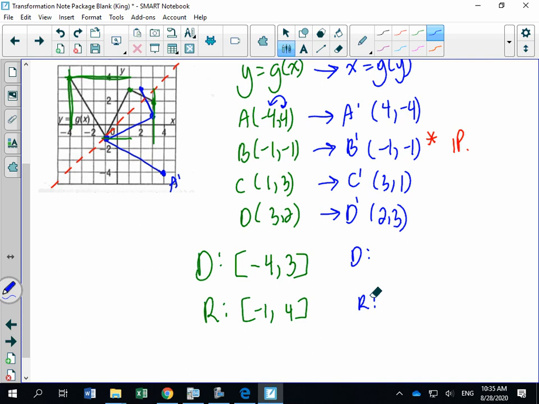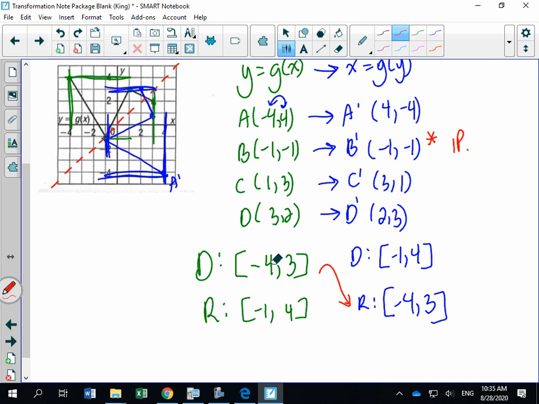So the domain was blue, so the biggest x value was 4, smallest was -1. So domain -1 to 4. And the range of the blue, so my graph is getting really messy, but the range of my blue was from -4 to 3. So -4 to 3. What you should notice, and this is what's going to be in the next couple slides, is that the domain of your original is the range of your inverse.